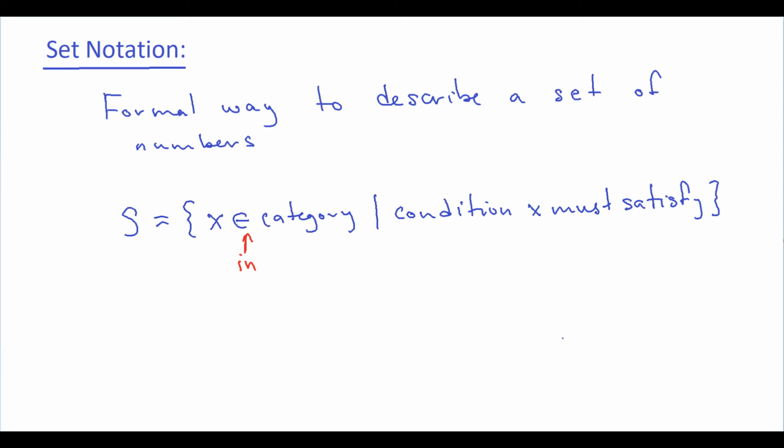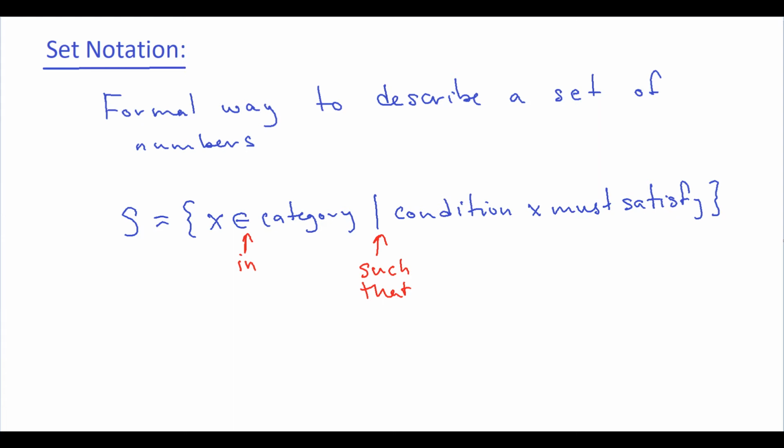This vertical bar actually stands for the words "such that." If I were going to read this definition one more time from start to finish, I define the set S to be the set of all X in category such that some condition that X must satisfy.